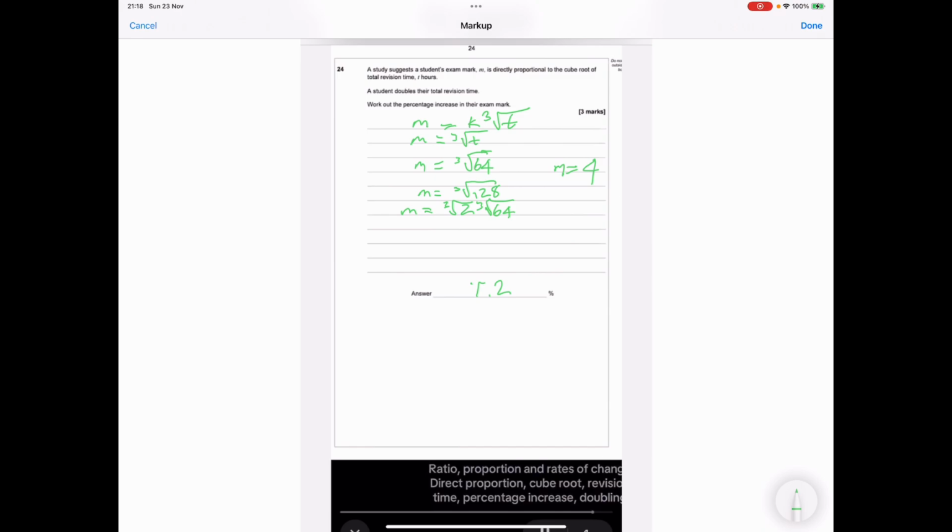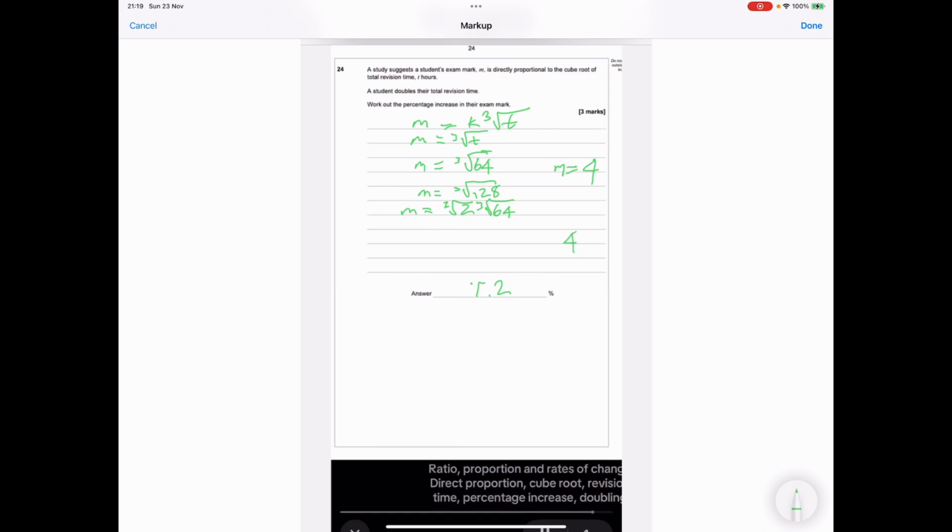So the cube root of 128, let's just check what the difference between that and that is. Okay, the cube root of 64 equals 4.